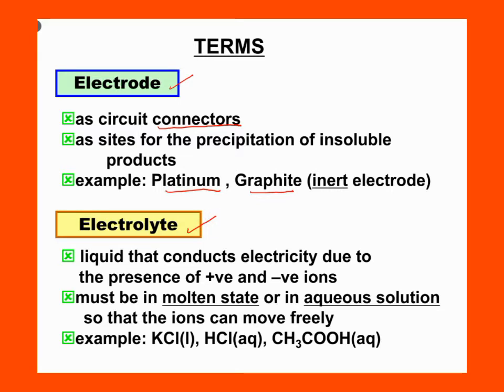Electrolytes are liquids that conduct electricity due to the presence of positive and negative ions. An electrolyte must be in a molten state or an aqueous solution so that the ions can move freely. Examples of electrolytes are potassium chloride, hydrochloric acid, and acetic acid.